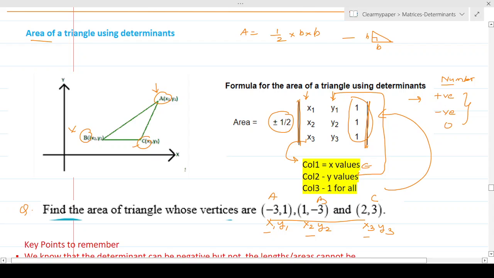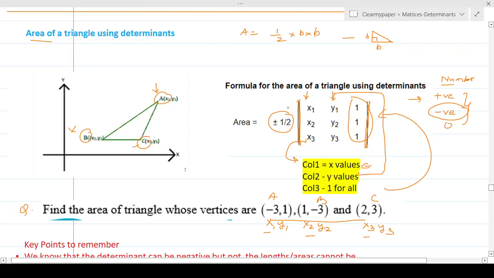When you find the determinant of this 3 by 3 matrix, and if the value comes out negative, then you can use the negative half over here.